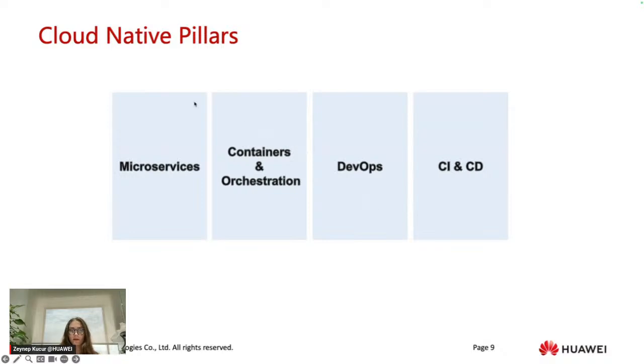So let's look at the cloud native pillars. We have four pillars: microservices, containers and orchestration, DevOps, and CI/CD, continuous integration and continuous deployment. So we know that one of the core pillars here, we see it, microservices.